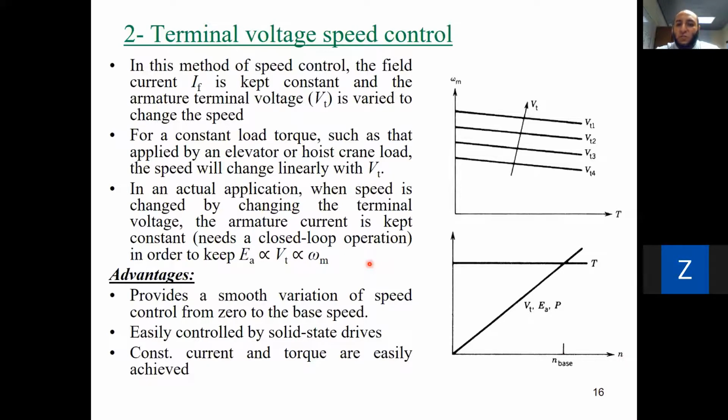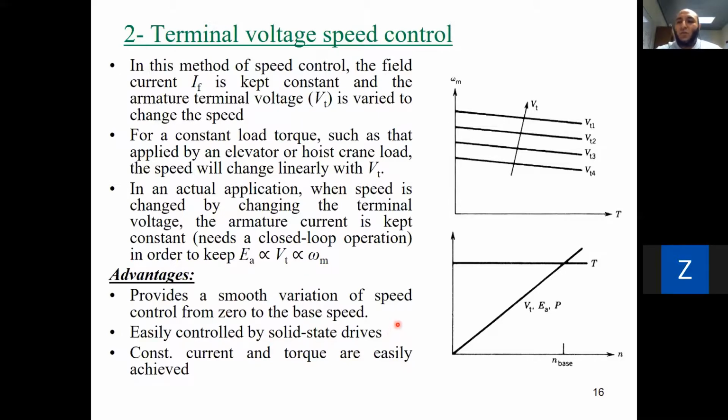What is the advantage of this method? As you can see, it provides smooth variation of speed control from 0 to base speed, because we can start from any point to base speed at each characteristic. So you can start from very low speeds to high speed. Secondly, easily controlled by solid state drives.